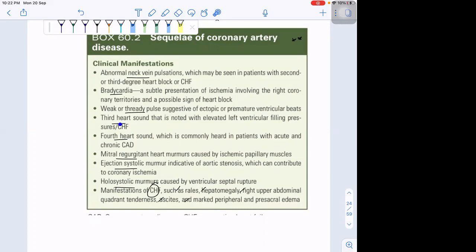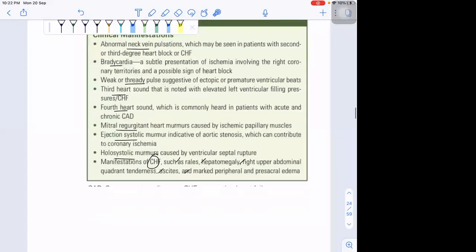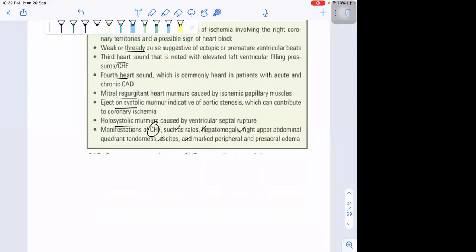S4 is present in acute and chronic CAD, while S3 is present in heart failure. With ischemic papillary muscle rupture you see mitral regurgitation murmurs. An ejection systolic murmur is present in aortic stenosis, which contributes to coronary ischemia, and a holosystolic murmur is present in VSD. Manifestations of CHF include rales, right upper abdominal tenderness, ascites, and marked peripheral and presacral edema.